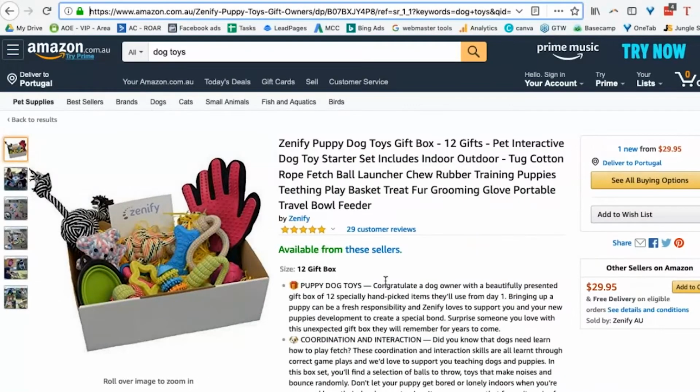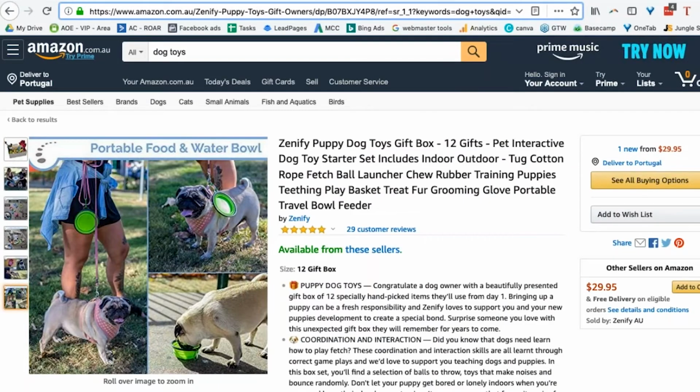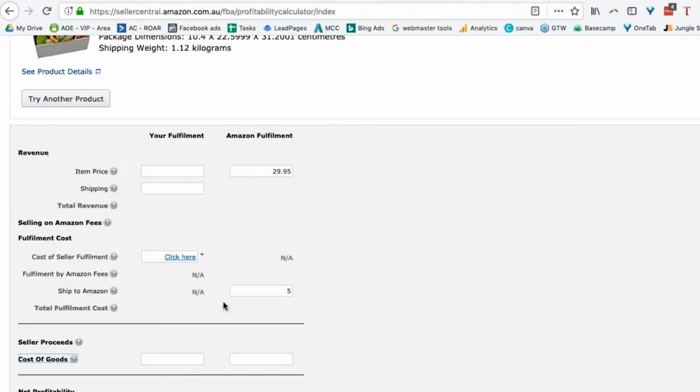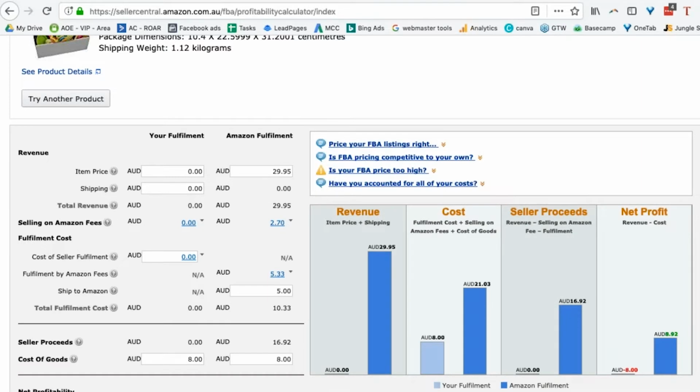Let's suppose it looks like $7 or $8 worth of stuff, so let's just call it $8. That's the hard cost of putting the product together. Calculate it out. So it's saying here I've got a net profit of 8.9% with my margin being 29, so basically 30%. So what margin do I go for?